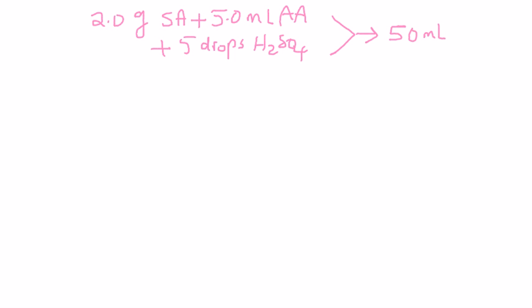Our first step is we are taking about 2 grams of salicylic acid. We are adding about 5 milliliters of acetic anhydride, and I'm adding 5 drops of H2SO4. This is concentrated H2SO4. All of this is done in a flask. Usually we use about a 50 milliliter Erlenmeyer flask.